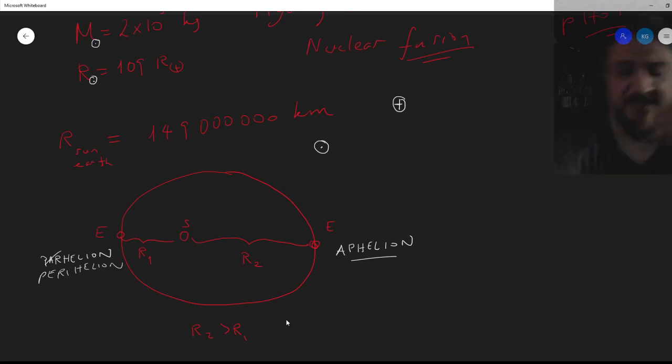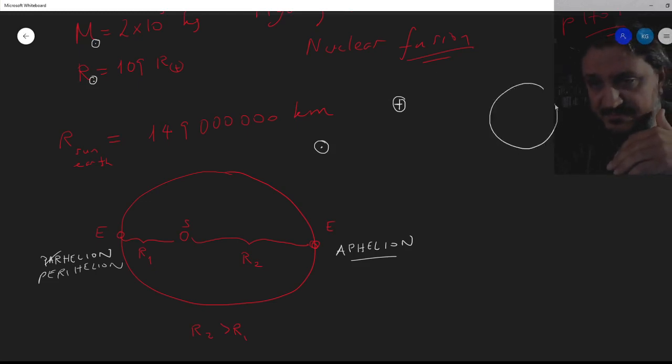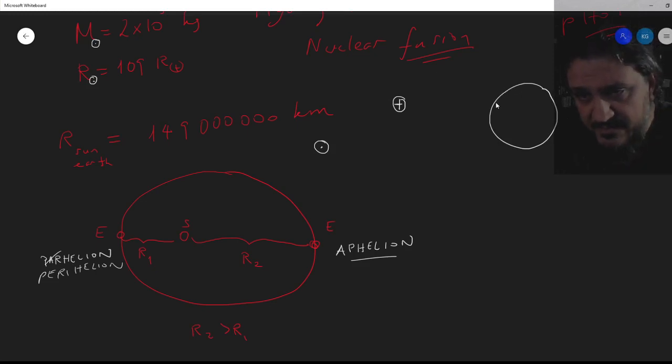Doesn't change too much. I mean, the more realistic picture would be like this. You have a perfect circle, but the actual orbit would be just a tiny bit different from a perfect circle, but it's still measurable. We can measure this, or we can observe this from Earth.